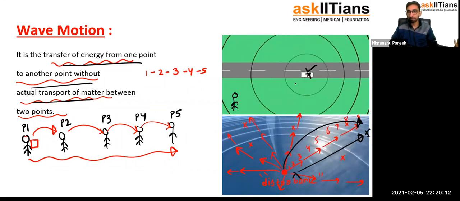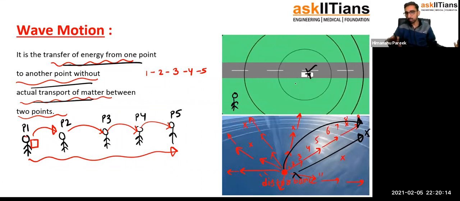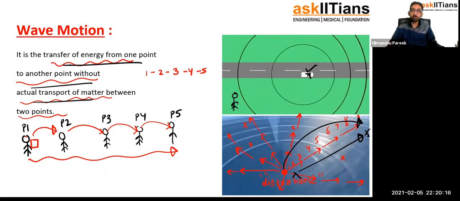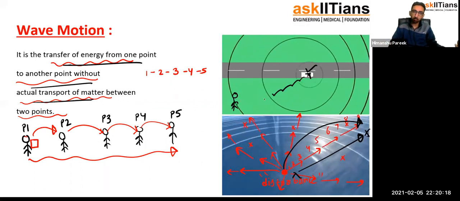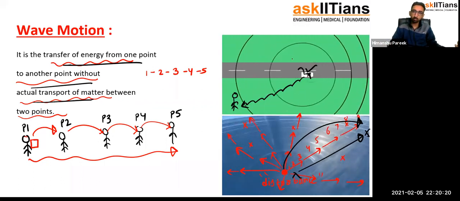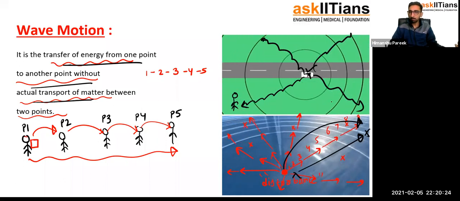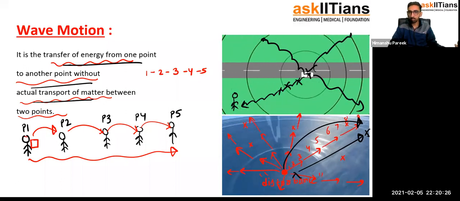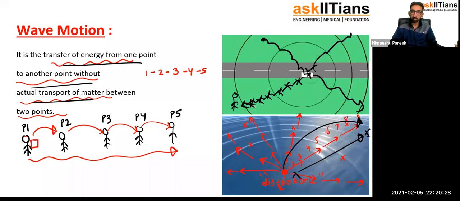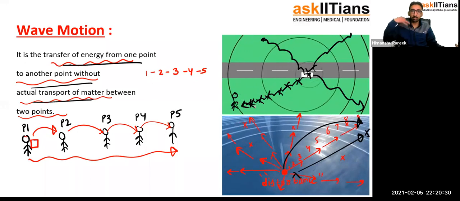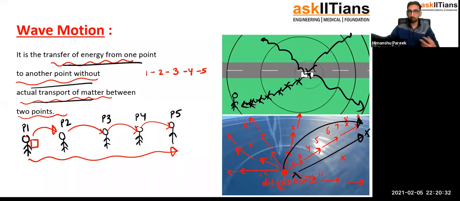The sound has been produced at that place, but due to the medium particles, the sound will travel this way also, this way also. The medium particles will remain at their own position. They will vibrate at their own position and make their neighbors vibrate.